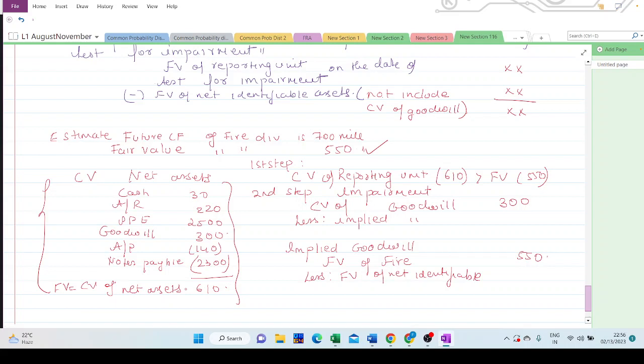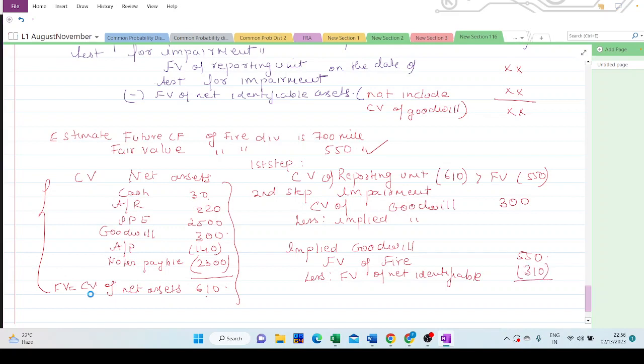Now tell me what is the fair value or carrying value, because fair value equals carrying value here. I've made this simpler for you. 310. Yes. Basically, we won't include goodwill because we are speaking of net identifiable assets. Right. So 220 plus 610 minus 300. That would be 310. Kunal, समझ में आया ये?